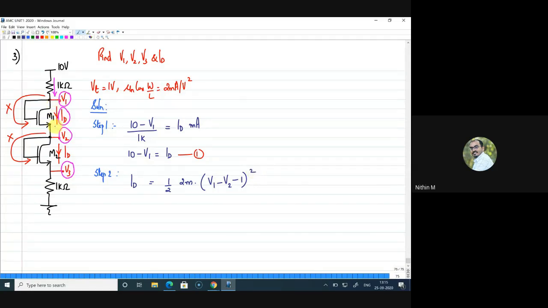To write that, VGS of M1 is V1 minus V2. So I am writing that term, and minus 1. Generally students will forget to write this VT. When you write VGS minus VT, you will just write V1 minus V2, and sometimes you will miss this 1. So in order to make sure that you are not missing anything, there is no harm in writing the drain current equation once.